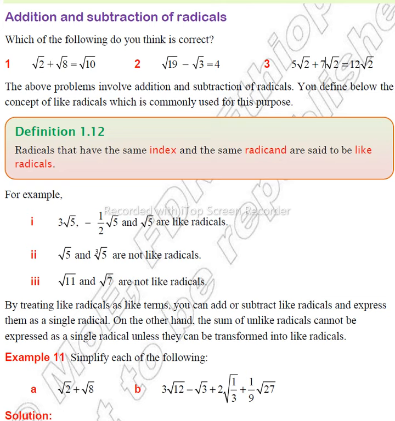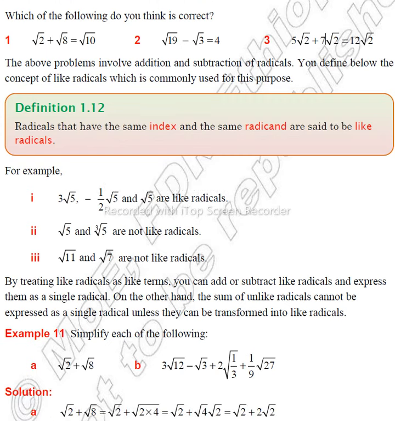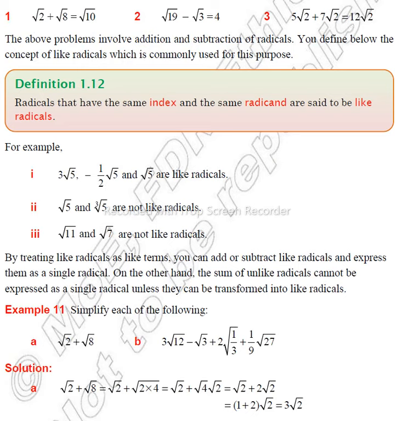Here we have the definition about radicals that have the same index and the same radicand. The number under the radical is called the radicand. Here 90 and 3 are radicands, and here 8 and 2 are radicands. If they have the same radicand, here 2 and 2, they are said to be like radicals.